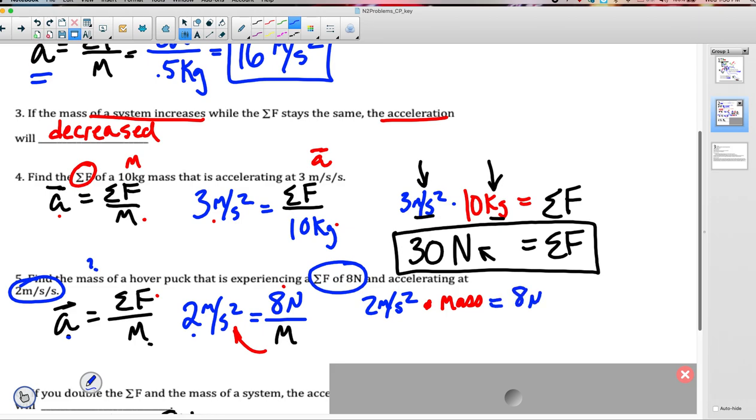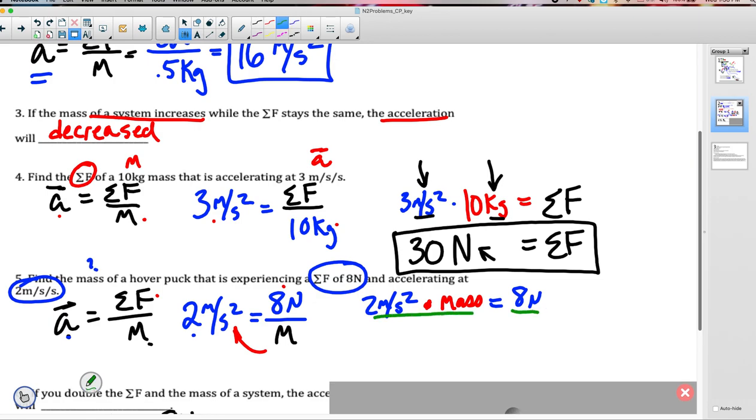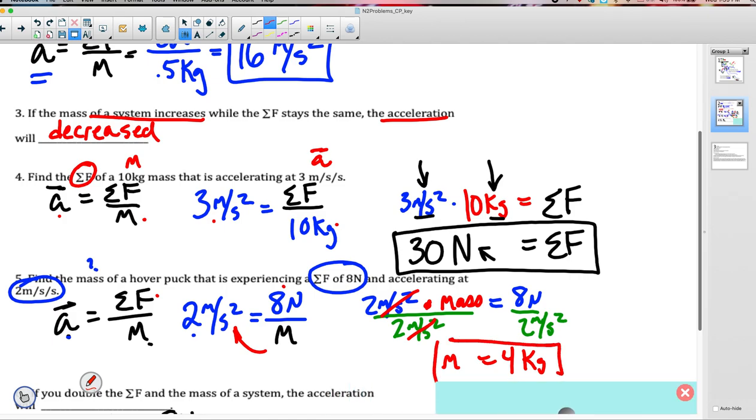Now, to find mass, we have to get rid of the 2 meters per second squared, so we divide both sides by 2 meters per second squared, in which case these cancel out over here. Now we just have mass is equal to 8 divided by 2 is 4, and a newton divided by meters per second squared. Well, we're trying to find mass, so we're going to measure in kilograms. And I won't ask you to show the unit analysis for that on the quiz.